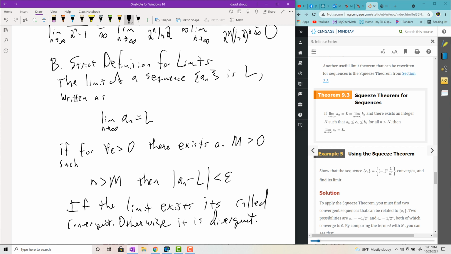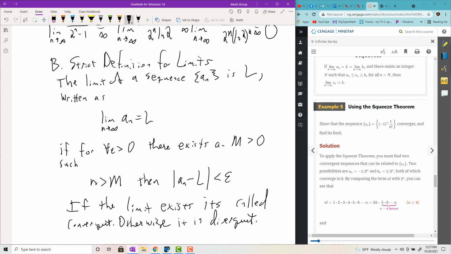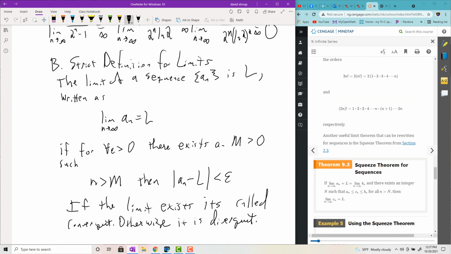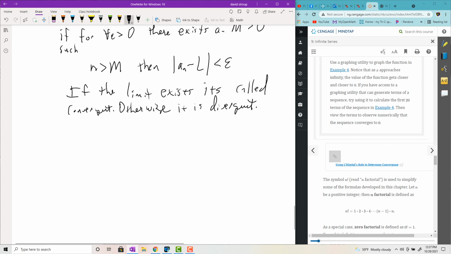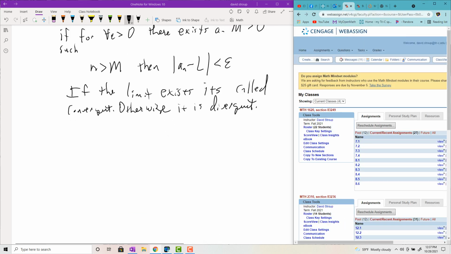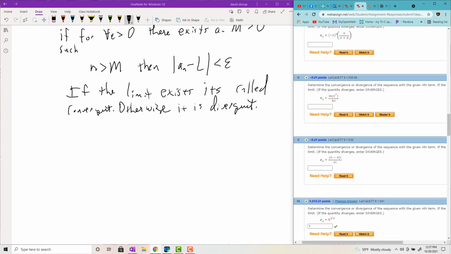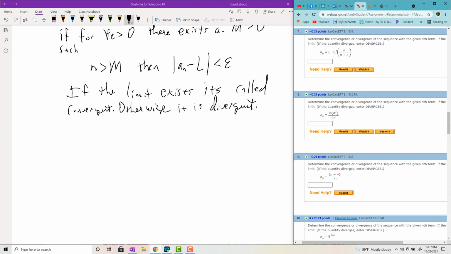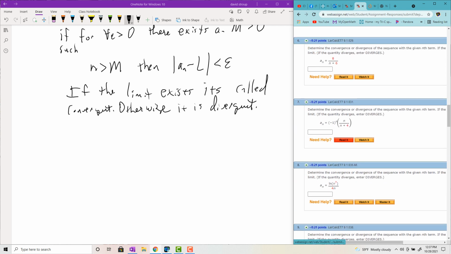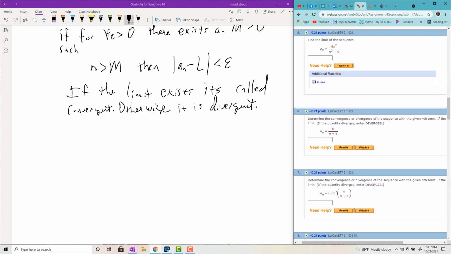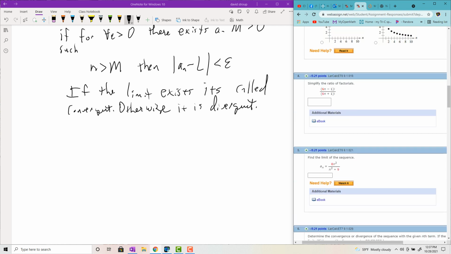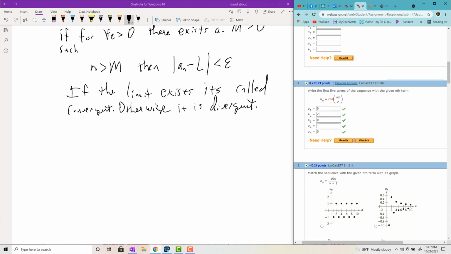Okay, so one way a sequence can diverge is if it just goes to infinity. Let's see if we can find an exercise that goes to infinity. I don't think that does. That certainly doesn't. Well, none of them do.